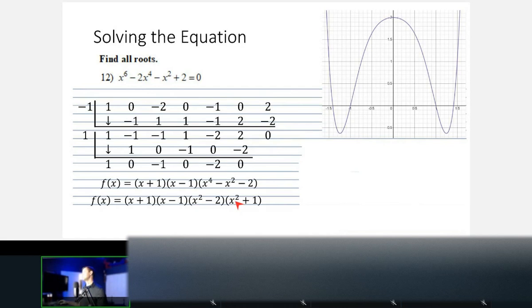And from this step, what is everyone going to do? Set them both equal to zero. Yeah.